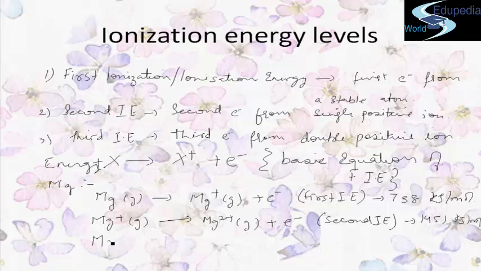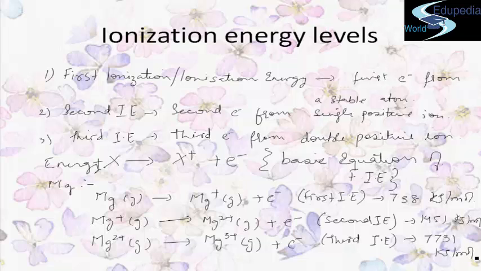Then again we remove an electron from the doubly charged ion, and we get the third ionization energy, which is almost 7731 kilojoules per mole. By this you can see that the energy levels go on increasing as we keep on removing the electrons.